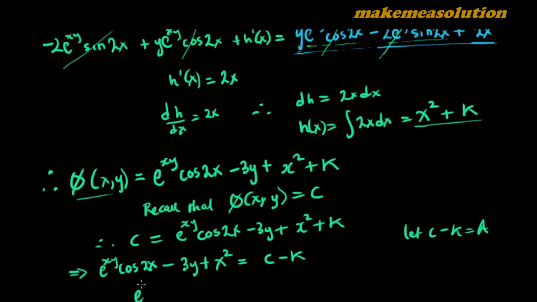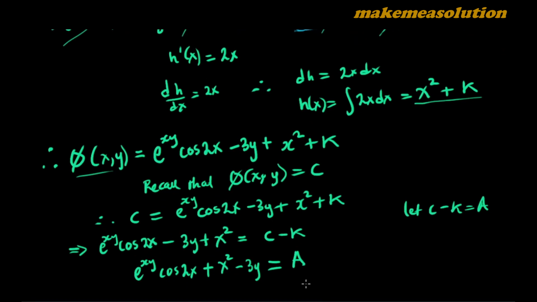So exponential xy cos 2x plus x squared minus 3y is equal to a, and this becomes our general solution. So this is the general solution for the problem that we were given above.